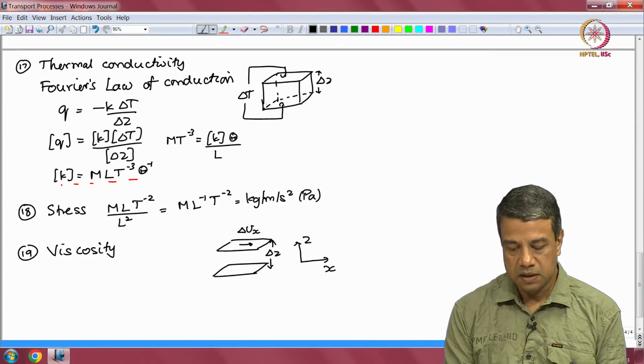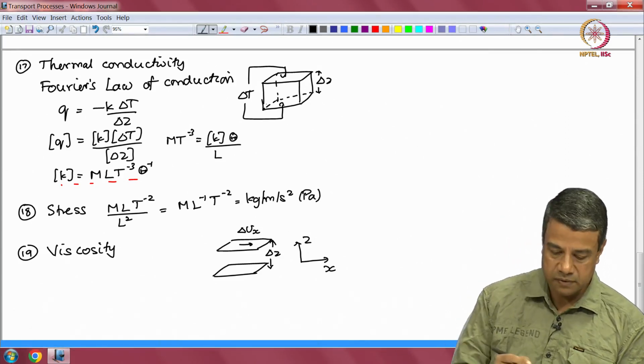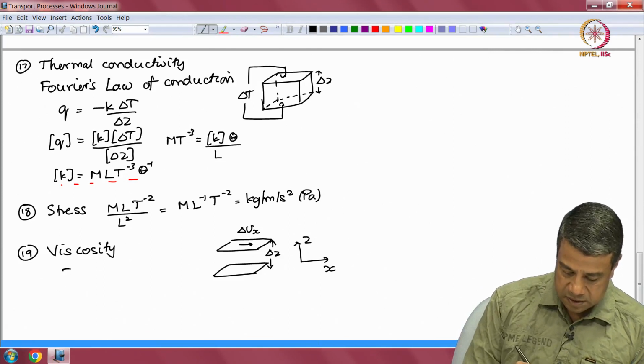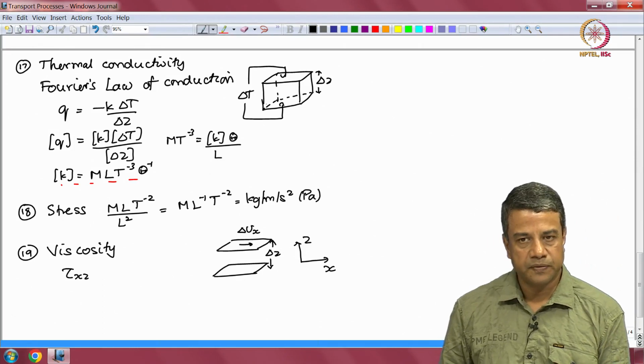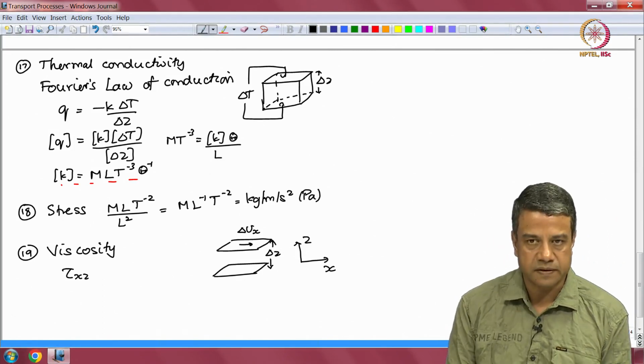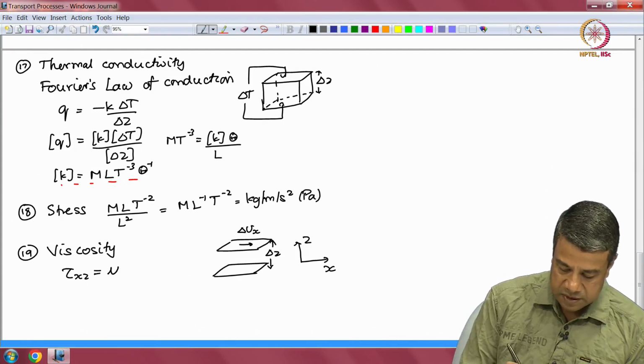The force per unit area for moving one surface relative to the other is tau xz, the stress or force per unit area to be applied to the top surface to move it relative to the bottom surface. It is equal to the coefficient of viscosity times delta V x divided by delta z.